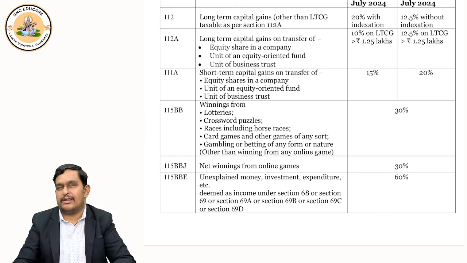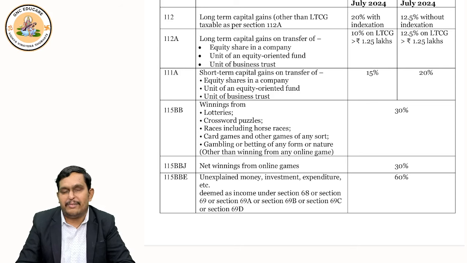Sir, take everything, sir. Yes, no problem. 4% health and education cess. So 60% tax, 25% surcharge, and 4% health and education cess. We'll discuss more about this 115 BBE when we go to the business income related chapter.